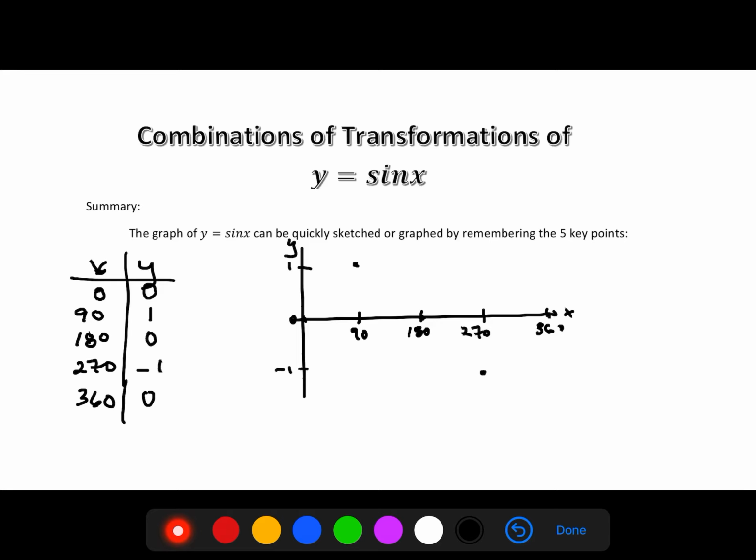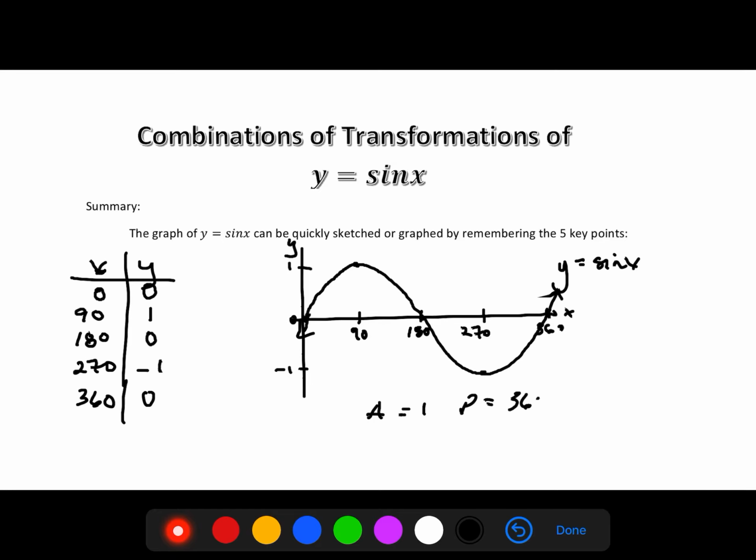So starting at 0, up to 1, back to 0, down to -1, and back to 0. So we have our nice smooth curve. Remember, it's not direct lines, it's a curve. And we have our graph of y equals sine x, okay?